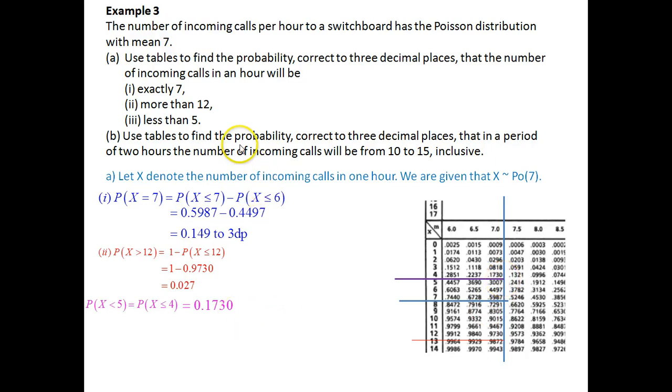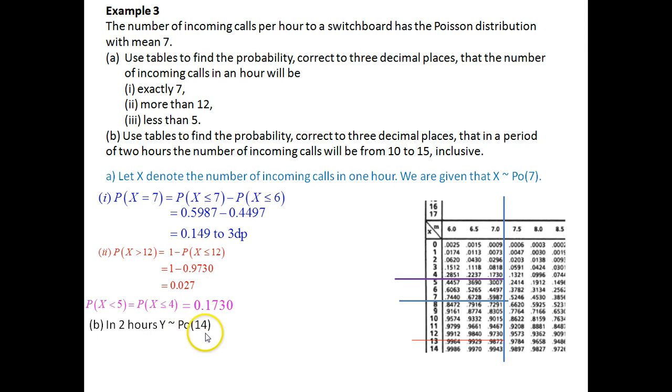Okay, part B, use tables to find the probability correct to 3 decimal places that in a period of 2 hours, so 2 hours now, the incoming calls will be from 10 to 15 inclusive. So if we've got 2 hours, then we multiply the parameter by 2, so we have 14.